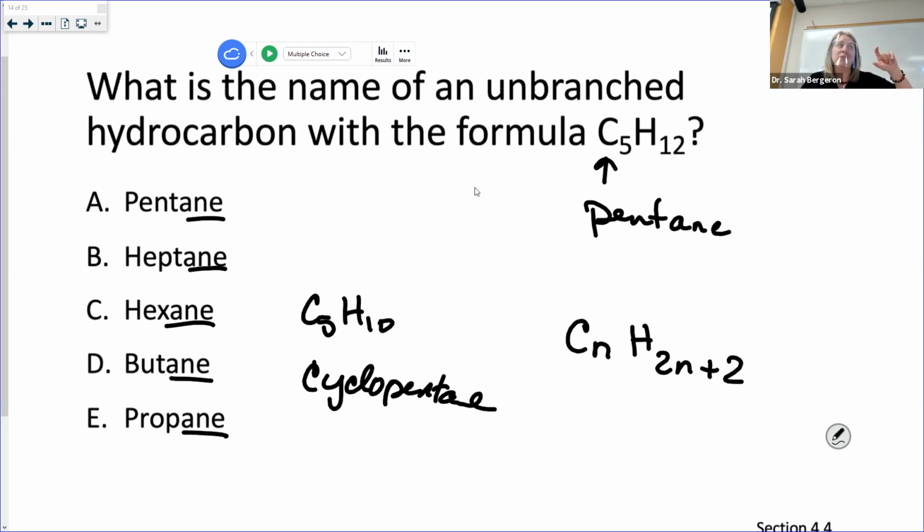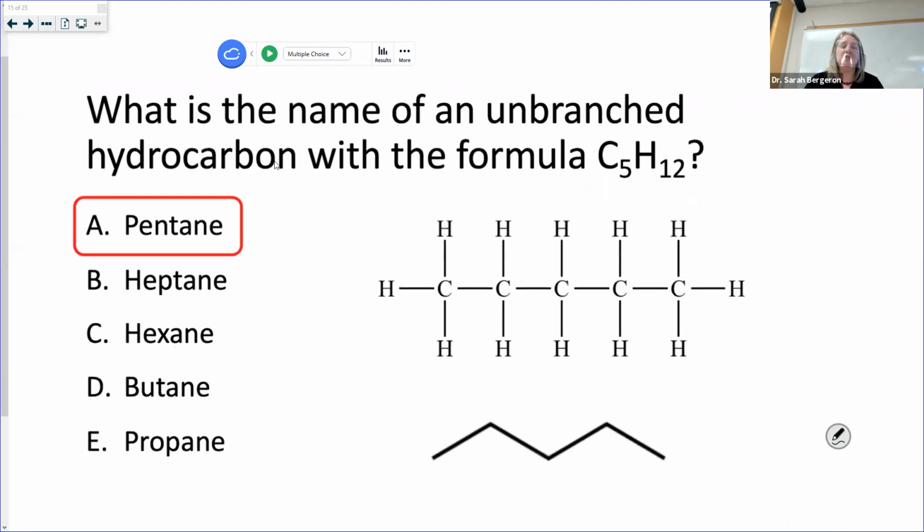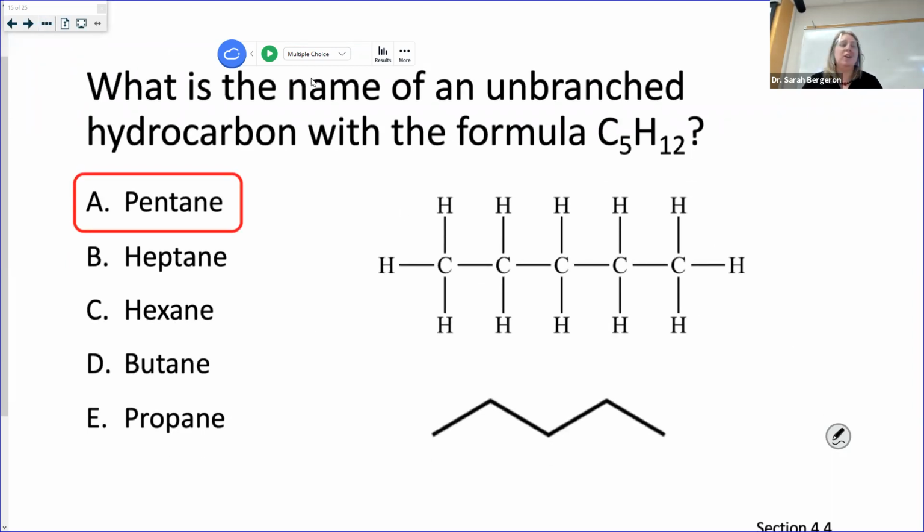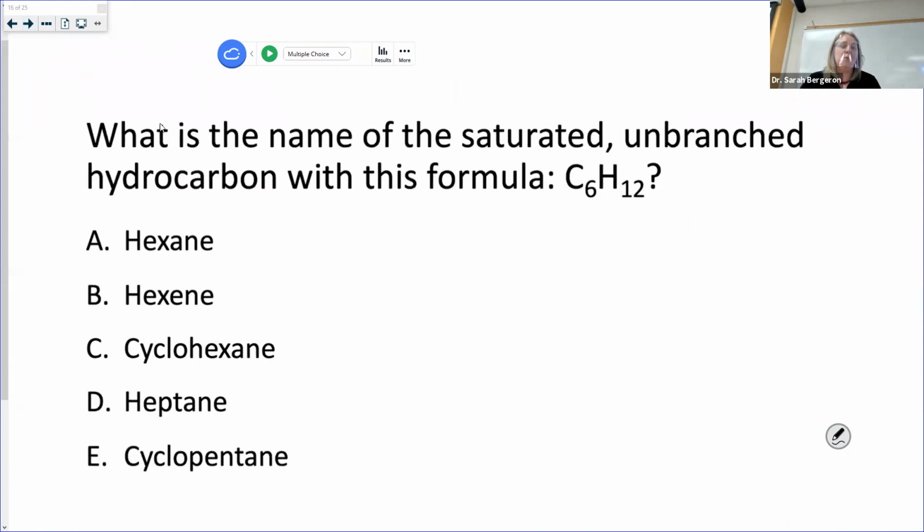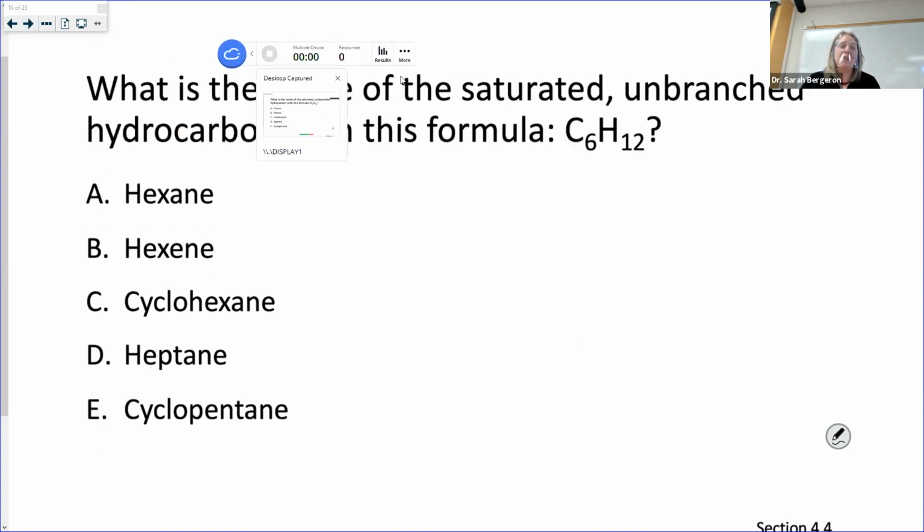And the only ones that are different are the first 4, which are methyl, ethyl, propyl, butyl. Okay, so you have to know them. All right, and you could have drawn it, you know, sometimes drawing it makes it easier to name too, but you don't have to. Okay, what is the name of the saturated unbranched hydrocarbon with this formula, C6H12?